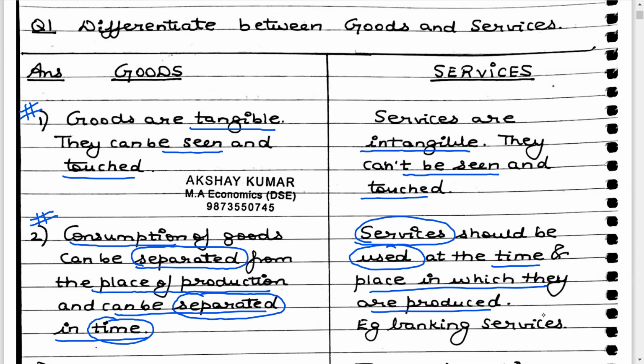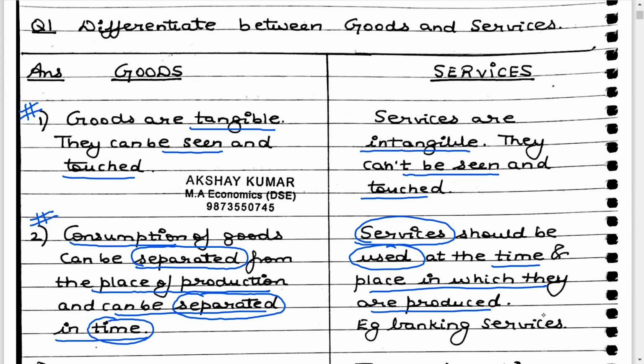And you cannot separate services on the basis of time. Now, what does that mean? It is not possible that a service is produced today but consumed tomorrow. Obviously, there exist some exceptions because of the latest technology which is coming up, but services cannot be stored. You cannot store a service.